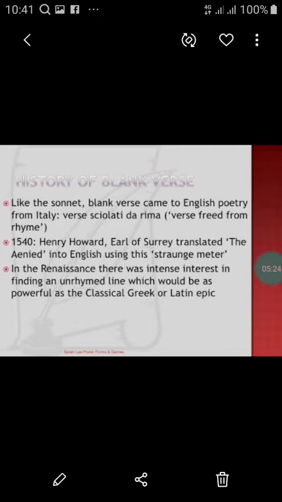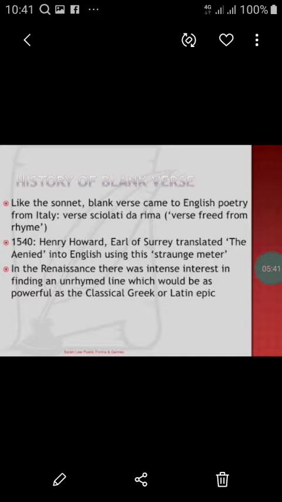Like the sonnet, blank verse came to English poetry from Italy. In the same way we got the sestet and octave. Octave means 8 lines and sestet means 6, and we received all of this from Italian poetry, from Petrarch and others.